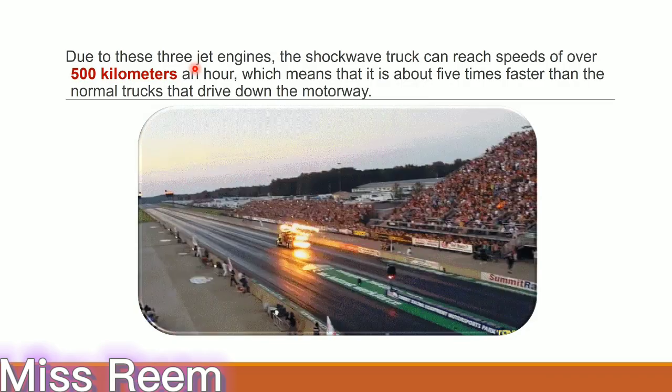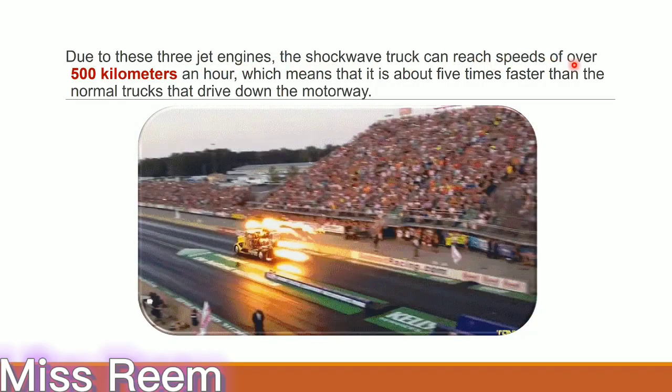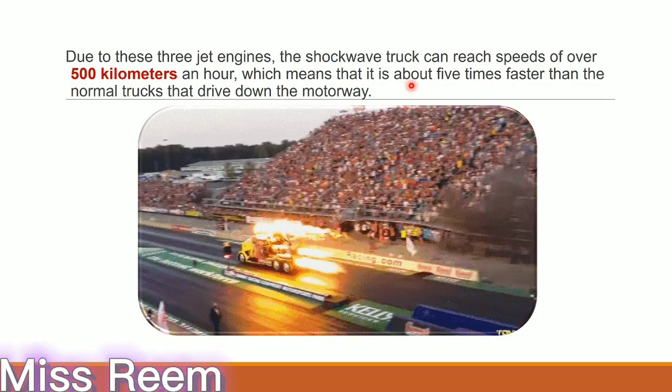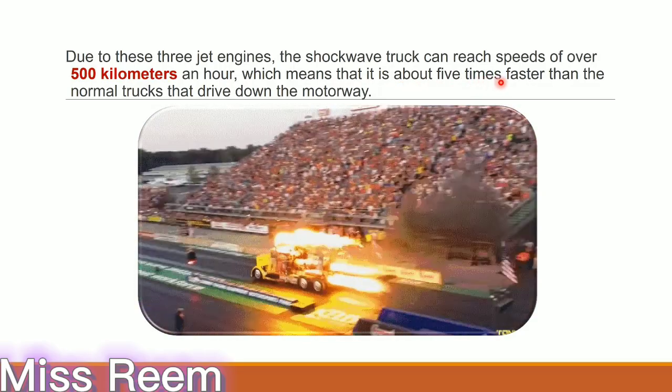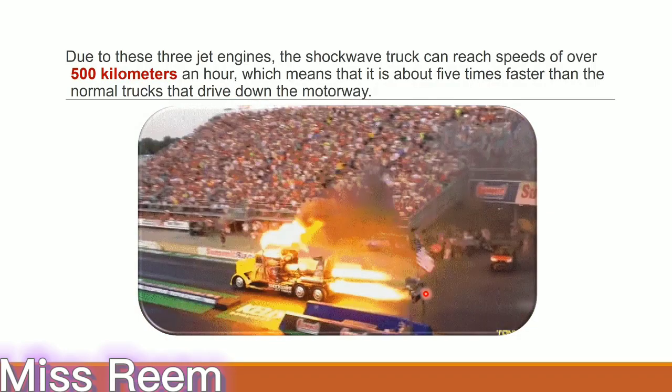Due to these 3 jet engines, the Shockwave truck can reach speeds of over 500 kilometers an hour, which means that it is about 5 times faster than the normal truck that drives down the motorway. Look how fast and powerful that Shockwave truck is.